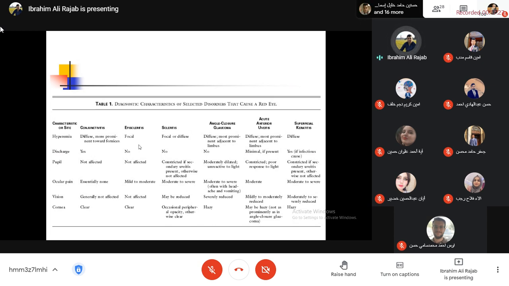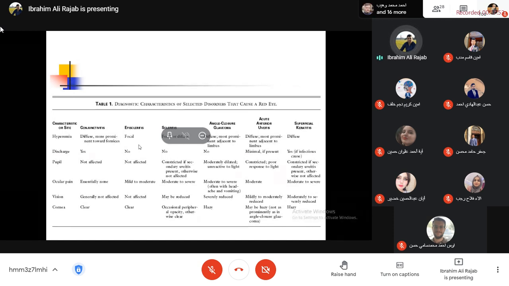And this uveitis may involve the iris, and when the iris is involved, the sphincter muscle of the pupil will be constricted, and the patient may have a meiosed pupil. Usually in scleritis, there is severe ocular pain. The patient will complain of redness and pain, which may be severe.